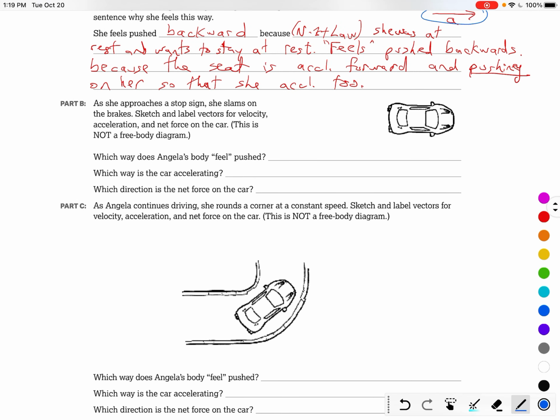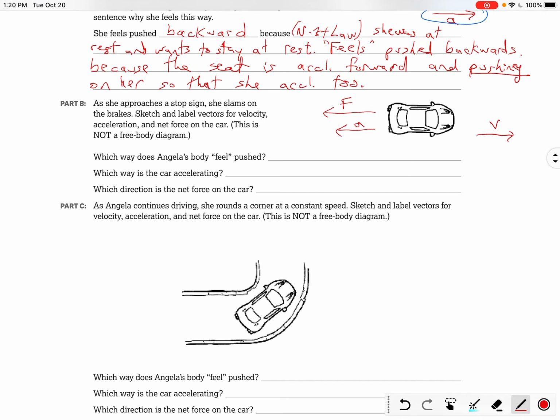So let's look at the opposite case. The opposite case is as she approaches a stop sign, she slams on the brake and we're still moving in this direction, but since we're slowing down, we know that our acceleration must be in the opposite direction of velocity. If our acceleration is in the opposite direction of the movement, then our net force obviously must be in that way as well.